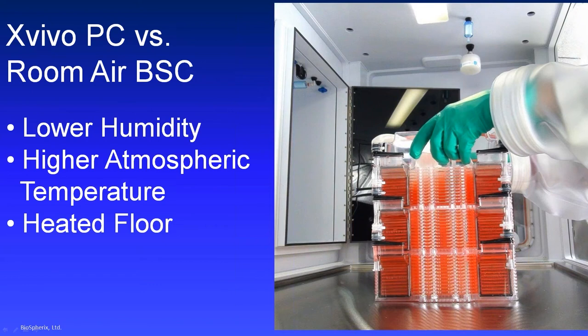All of this temperature and humidity control means that you can control the risk of microbial growth to a much higher degree than you can in anything that has room air. And we have data on this. It's right now being published by an industry journal. We're waiting for that to be published. As soon as it comes out, I'd be happy to provide it to you. Maybe by the time you hear this, it's already out.